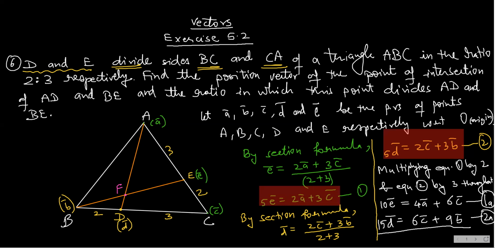Now subtract. So when you subtract, you get here minus, minus, and minus. So this cancels. You get here 10 E bar minus 15 D bar equals 4A bar minus 9 B bar.